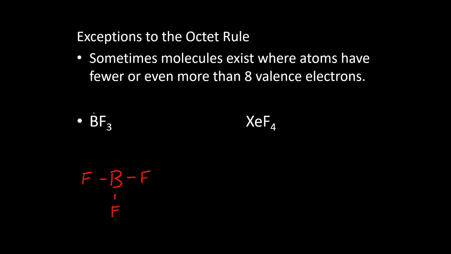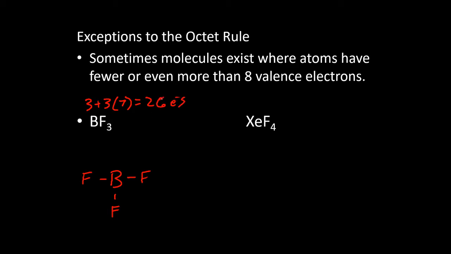If we add up the valence electrons, you get 3 from boron, plus 3 times 7 from fluorine. This fluorine is in column 17. And so we're going to have 26 electrons total.